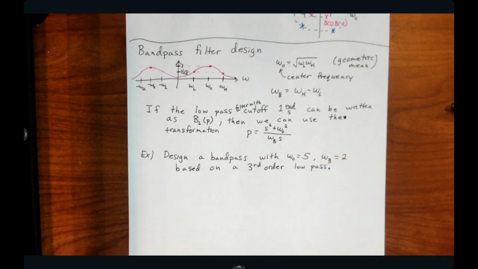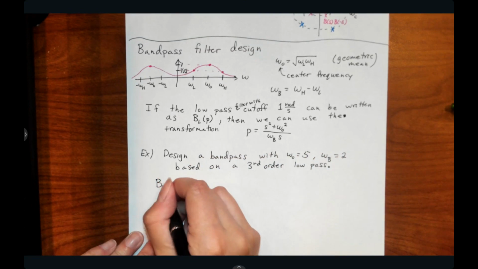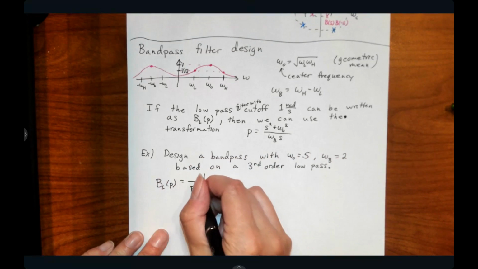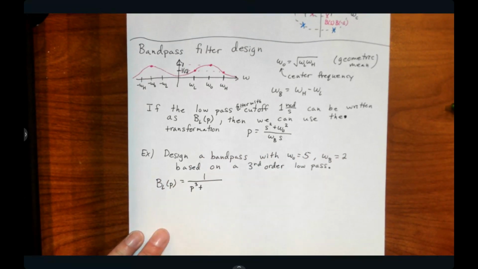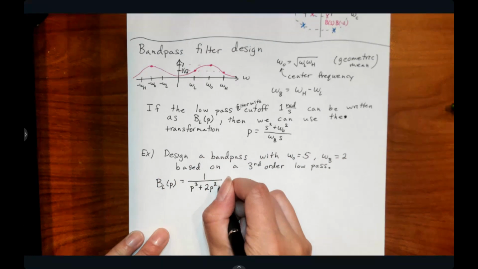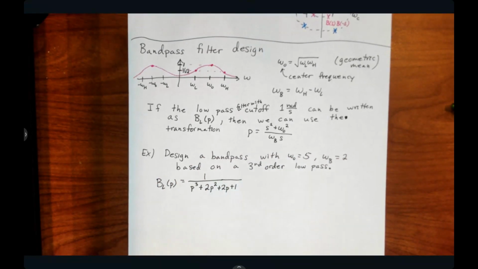All right, so our third order low pass, using this notation, was S cubed, but I said I'm substituting in P, so maybe it's a little bit cleaner to look at P cubed plus 2P squared plus 2P plus 1. So that was our third order low pass filter with a cutoff of 1.